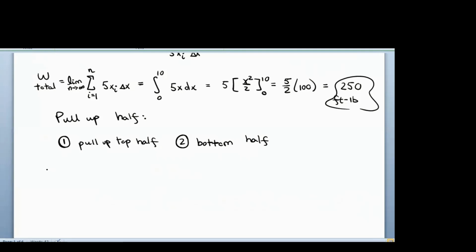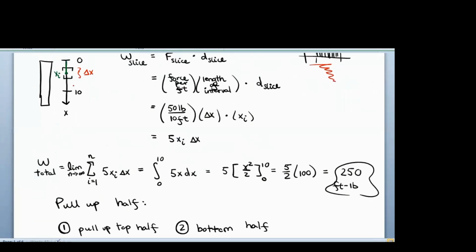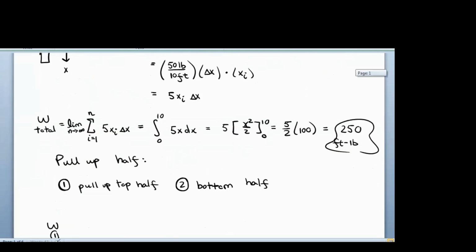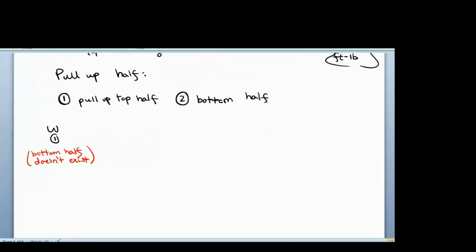So first, let's start with the work required to just pull up the top half, pretending that the bottom half doesn't exist. If I pretend that the bottom 5 feet just isn't even there, so it just stops halfway down, then this should be exactly the same as I did for the first problem. And so I can just steal that answer.